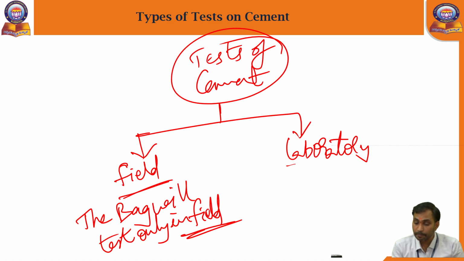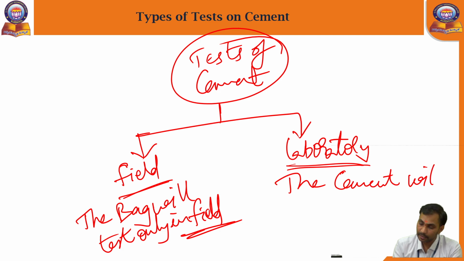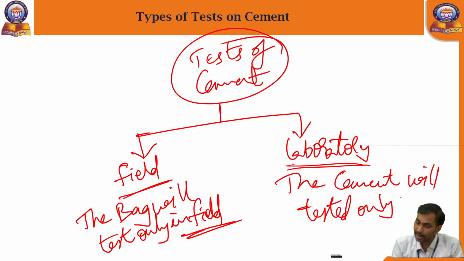Coming to the laboratory test, the industry persons who have manufactured the cement material will send one bag to the consultancy officers or consultancy test laboratories. So that cement will be tested only in the laboratory.